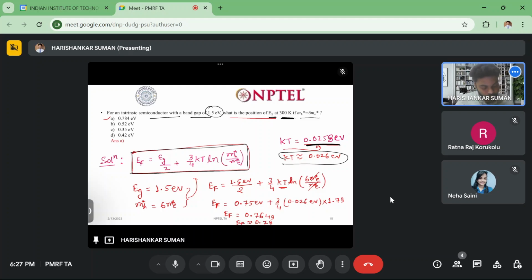The band gap and the mass ratio are given. Put these values in this equation and after simplification you will get the Fermi level 0.78 eV.